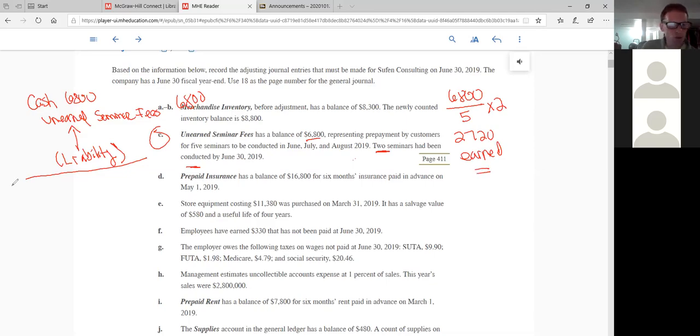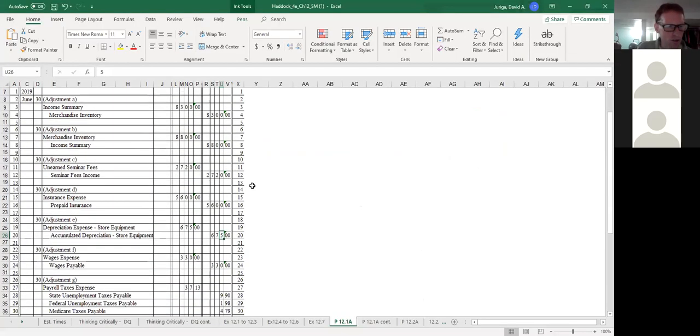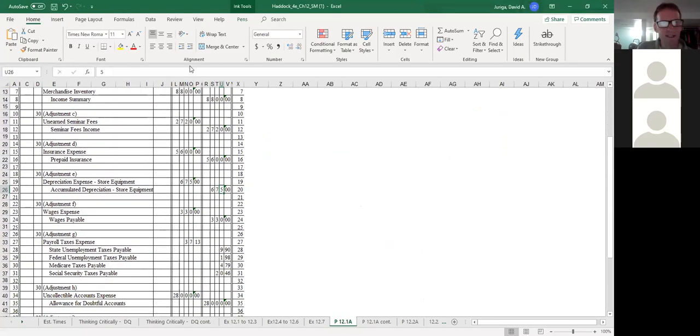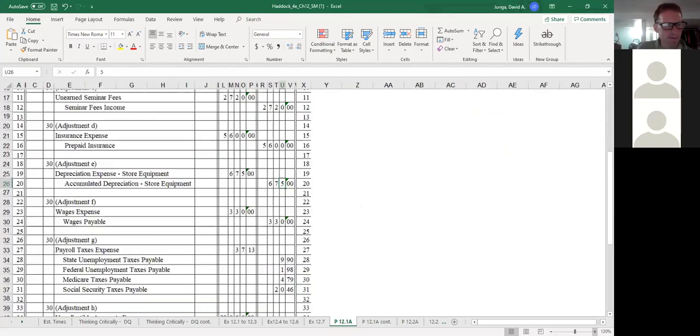So our adjusting entry, of course, is debiting the unearned account for 2,720 and crediting some sort of revenue account for 2,720. Again, I'm going to pull up the official answer. I'm writing this out quickly so you can see it, and I don't want you to get too nervous about the account names. This is just for letter C. Let me enlarge this.